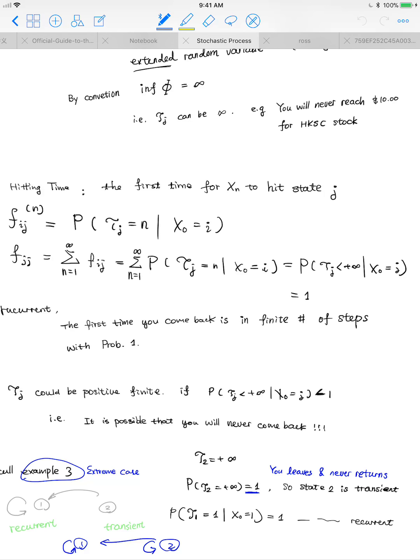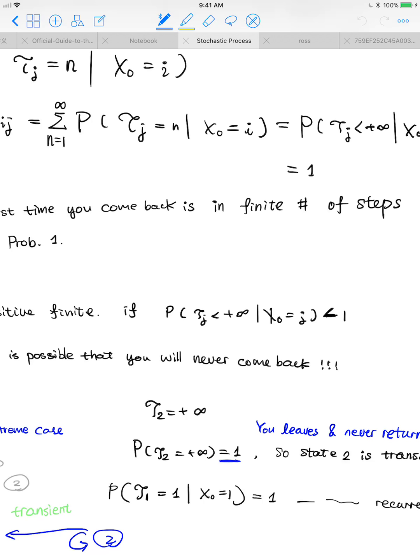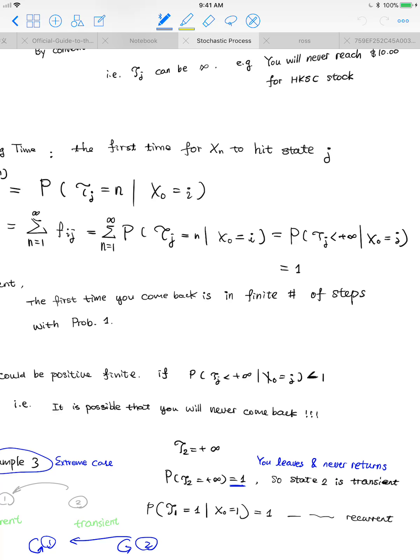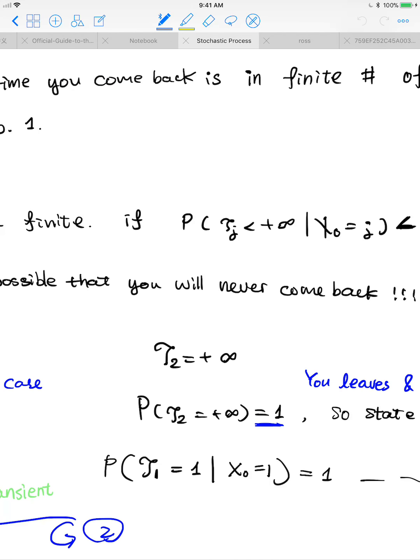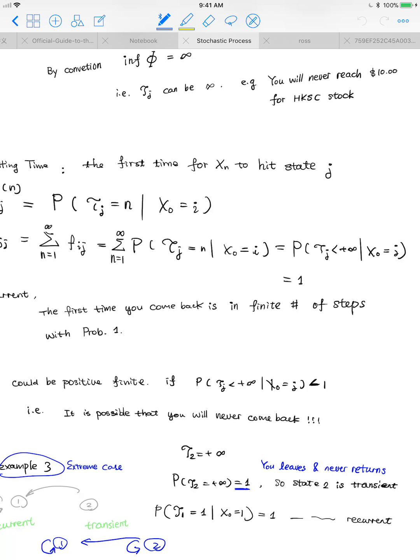It does not strictly require that the probability that tau j equals infinity is 1. That is only an extreme case. As long as there is any positive probability that you will never come back, then we say you are transient.